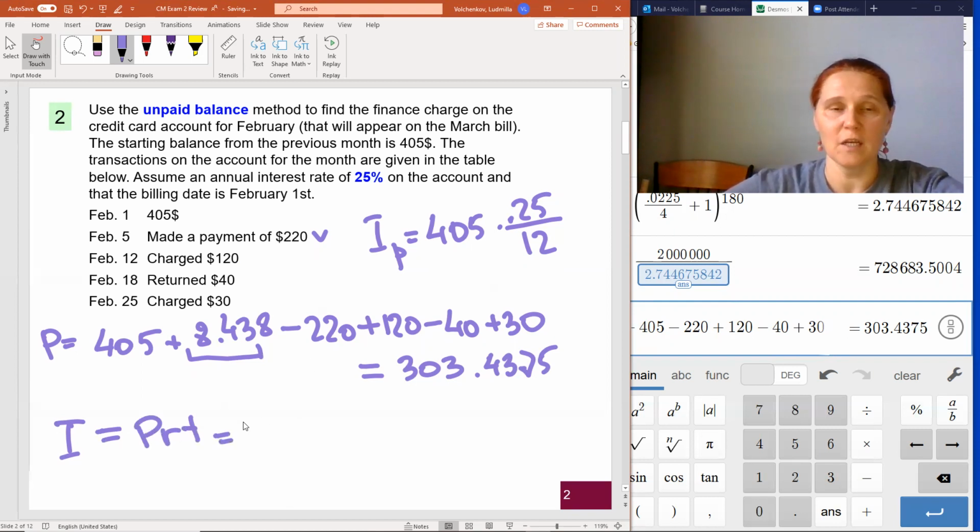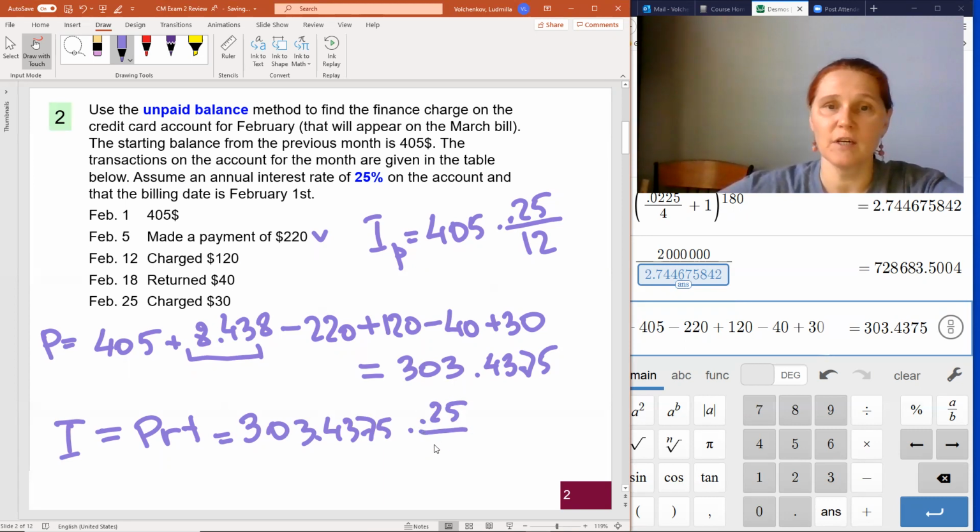Now P is the balance that we have just found, 303.4375. And RT the same as in the previous step, 0.25, the annual interest rate divided by 12.